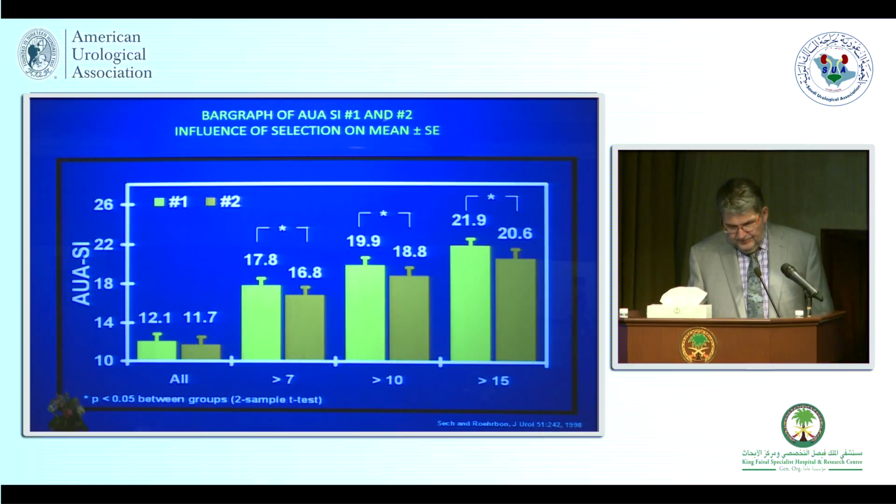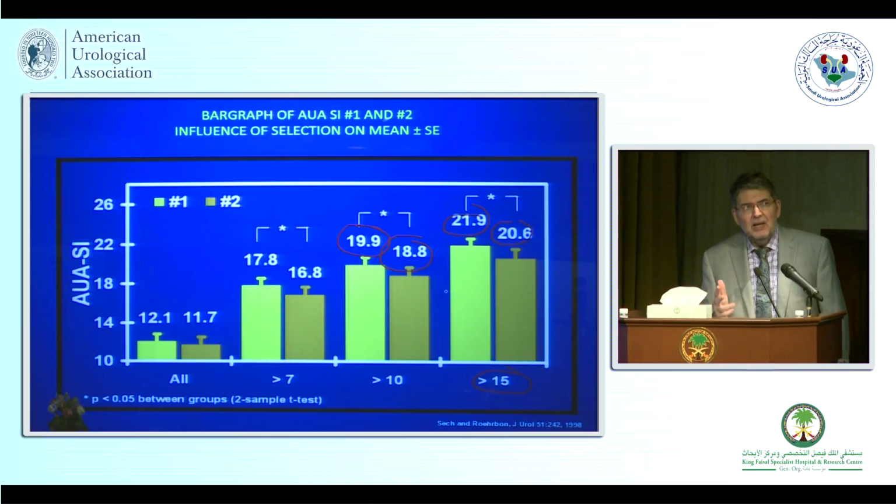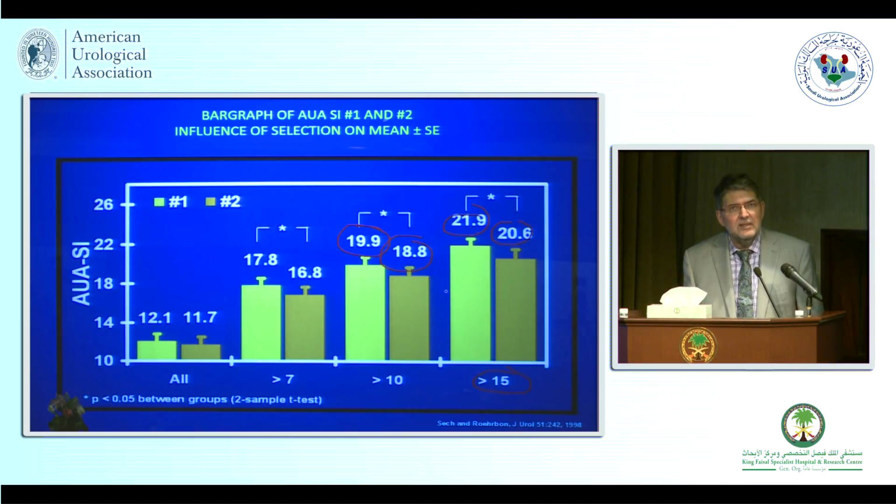So for example, if you put on a restriction on a symptom score of greater than 10, the group will have 19.9 versus 18.8, and if you do have a symptom restriction of greater than 15, it will be 21.9 versus 20.6. So just by applying a restriction criterion, you can sometimes induce a statistically significant difference. And nobody in the room would say these people had a successful treatment.